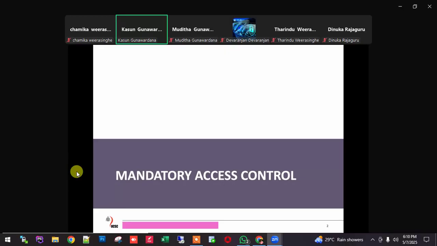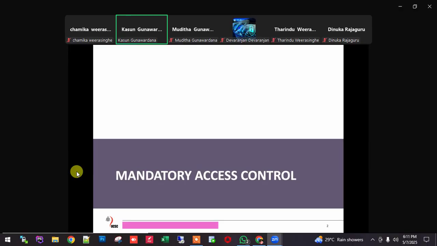and also there is a pretty big difference in implementation as well, because most of these discretionary access control principles and role-based access control principles we are quite familiar with, and we can see that they are being used quite often.